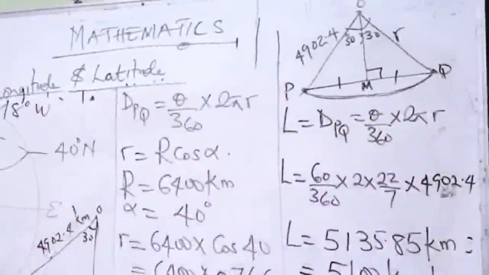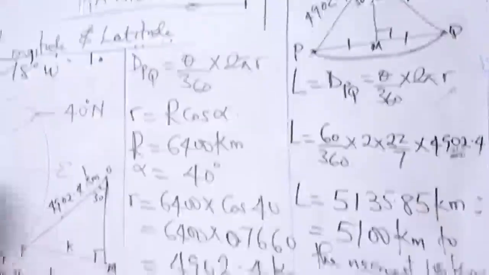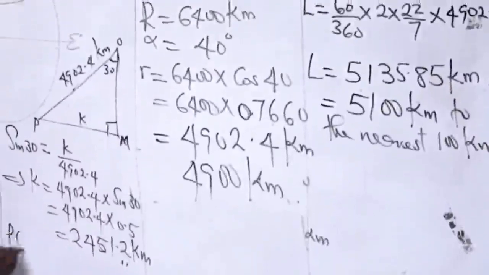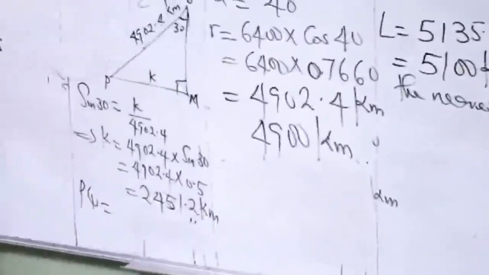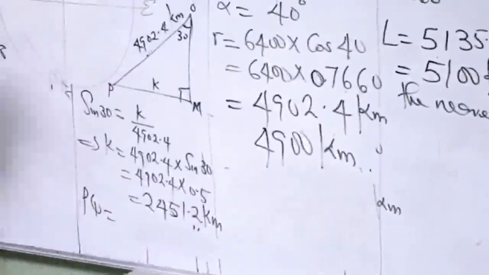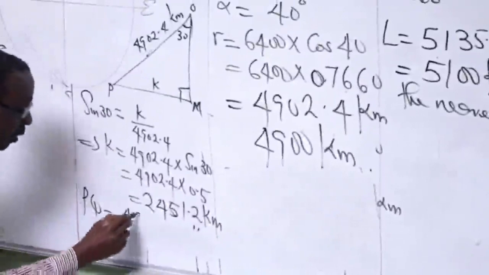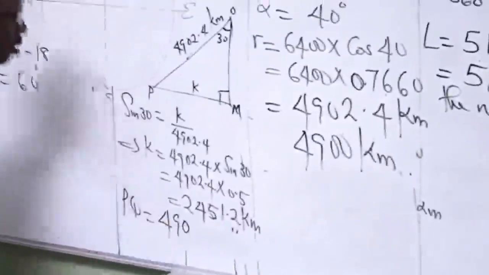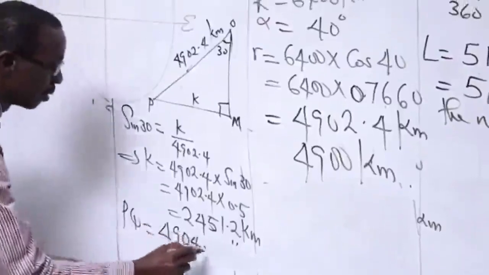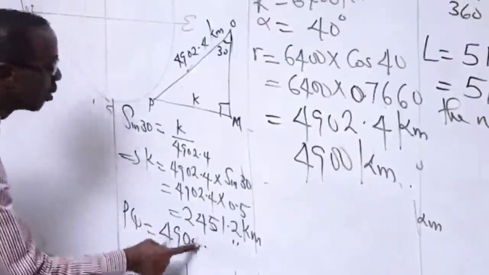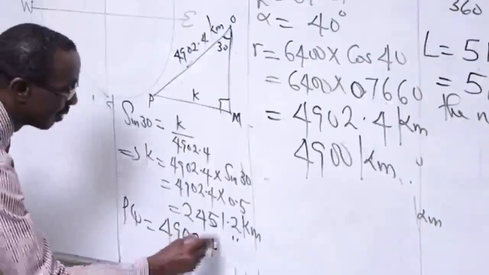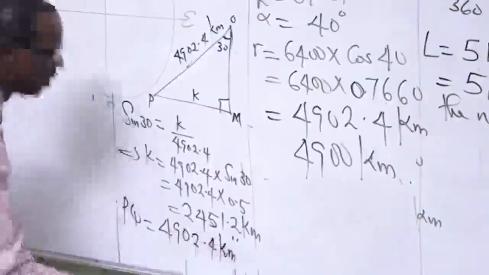To get chord PQ, before we approximate, we need to multiply this by 2. So PQ will now be 4902.